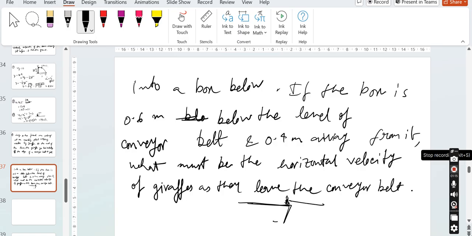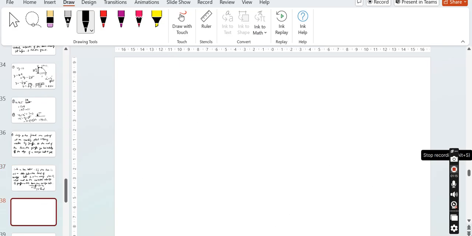So it goes off horizontally off the edge and falls into a box here, which is 0.6 meter below the conveyor belt and 0.4 meter away. So what must be the horizontal velocity, that Vx, when it is leaving the conveyor belt?